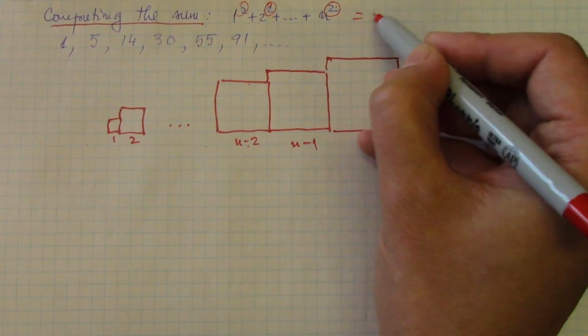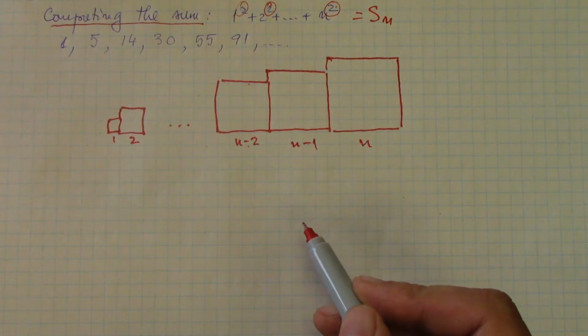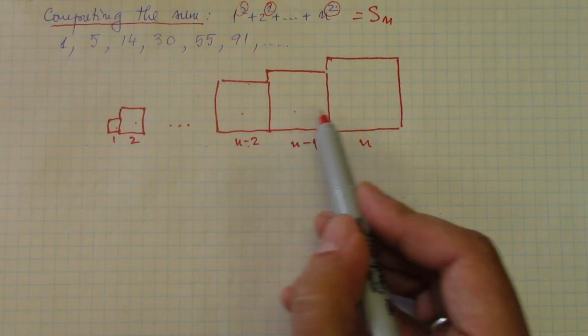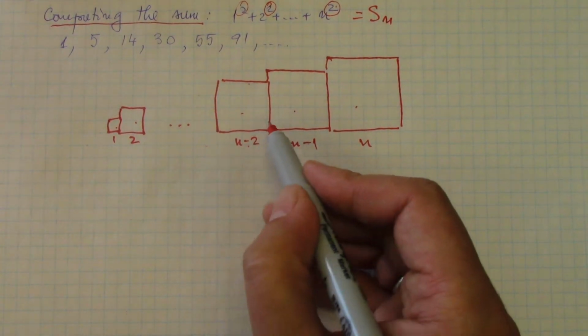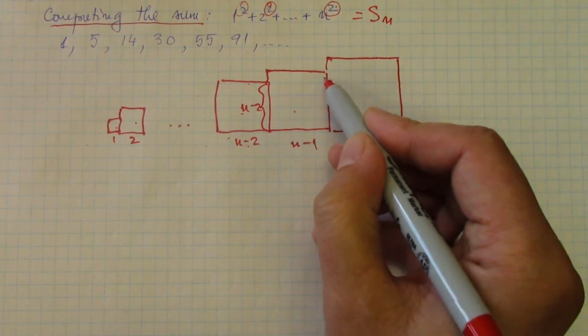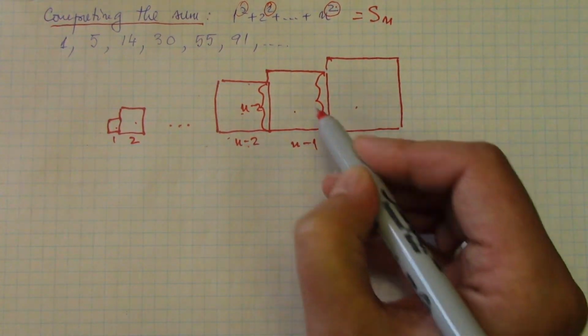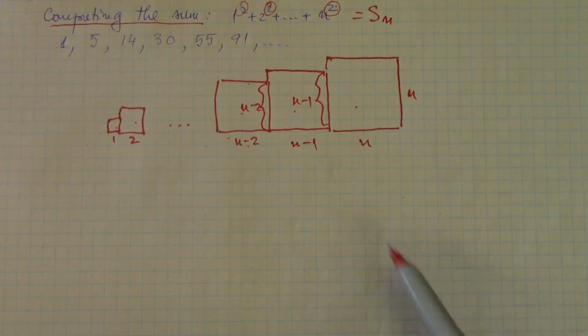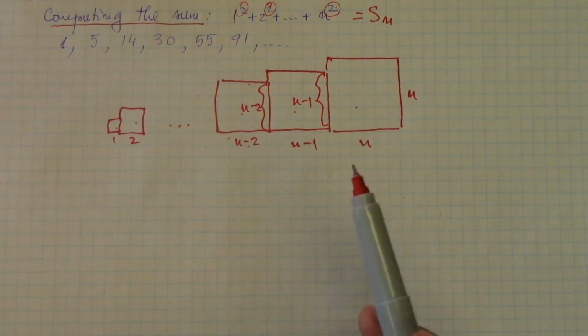By the way, let's call this sum Sn. So we have this sum as a sum of these areas here. And by the way, if this is n minus 2, this will be n minus 2, and because this is n minus 1, this is n minus 1, this is n, so this is n. We've got these squares here.